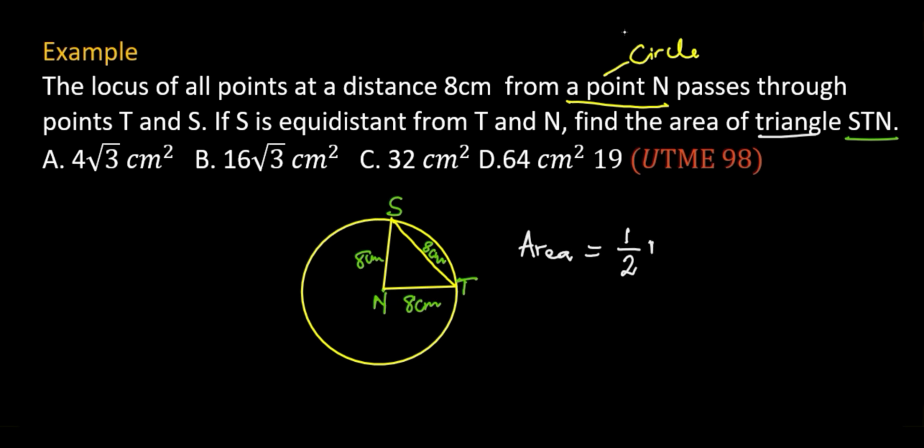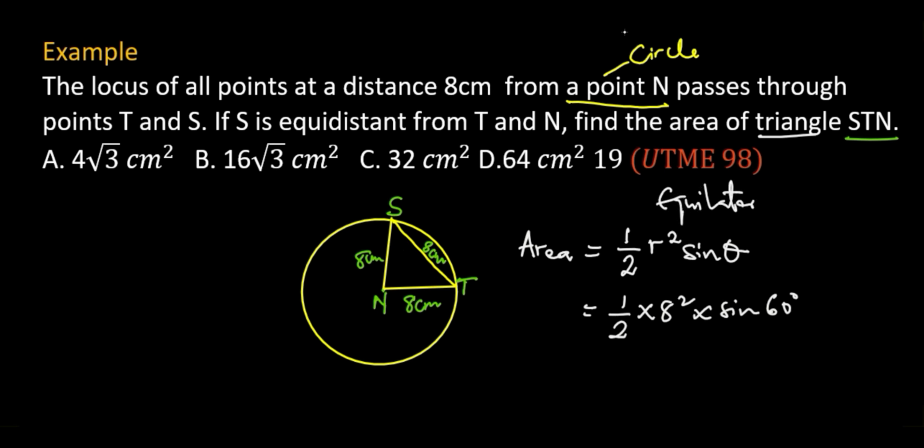To solve this, we will use the formula for the area of a triangle, which is half r squared sine theta. So half times r squared, where the radius equals 8, and theta is 60 degrees because this is an equilateral triangle, and in an equilateral triangle all the angles are equal to 60 degrees.